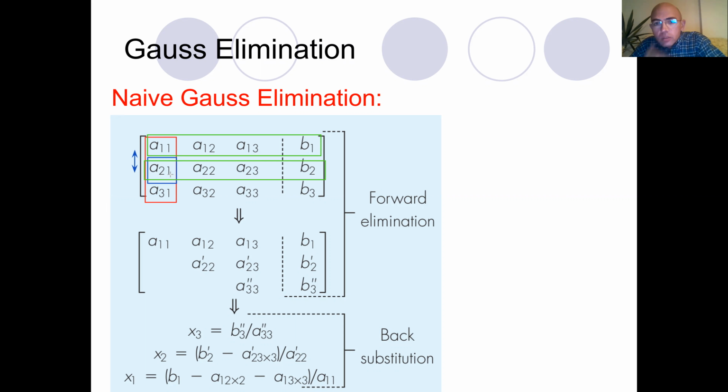Now the pivot equation will have the largest coefficient in this column, and I will eliminate it from the first one.